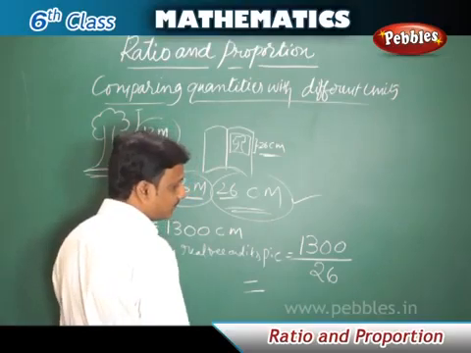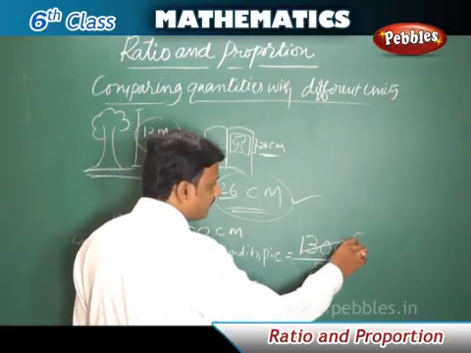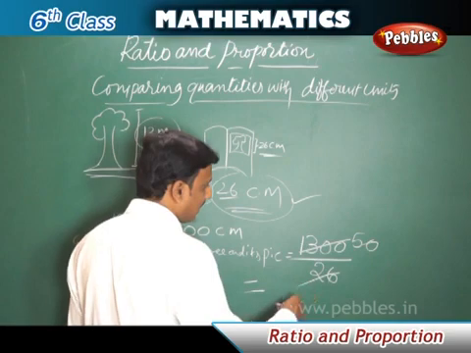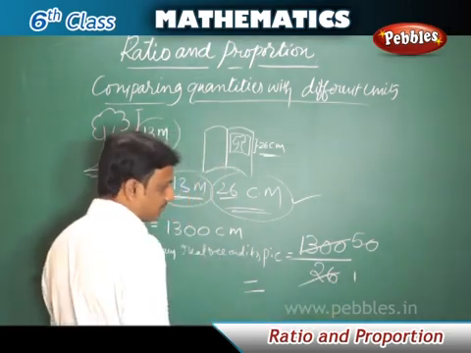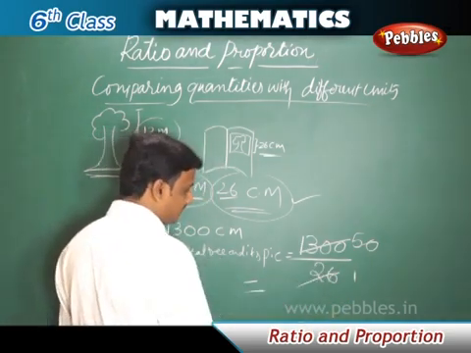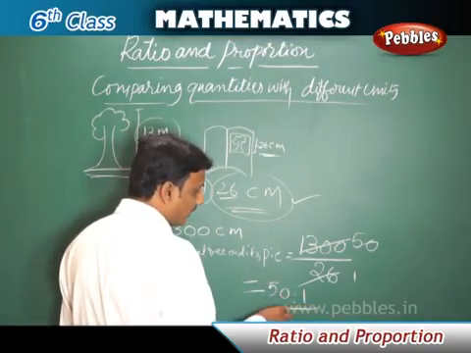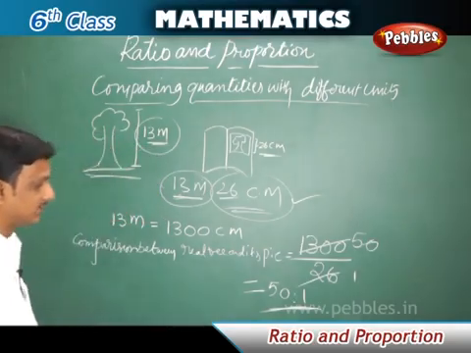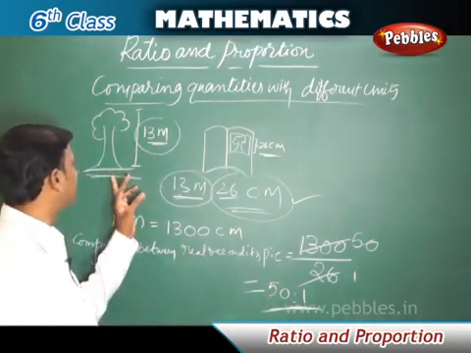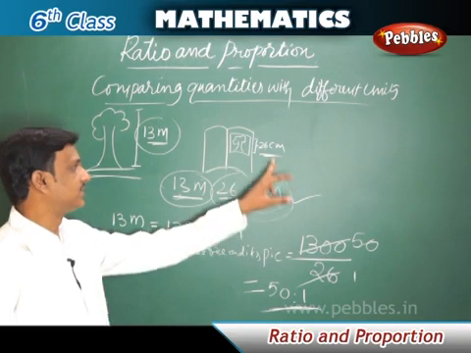So what do we get? Here 50 and 1. So 26 50s. So 50 is to 1. We write this comparison like this. The number 50 goes to the real tree. The number 1 represents the picture.